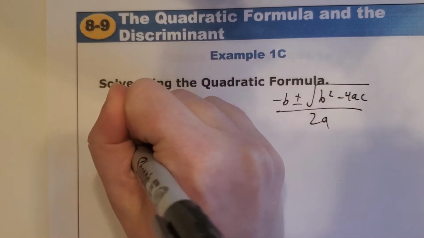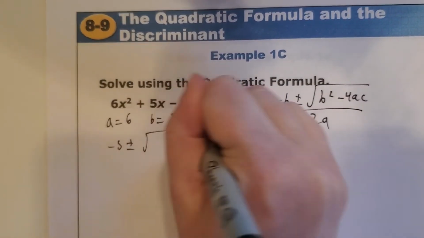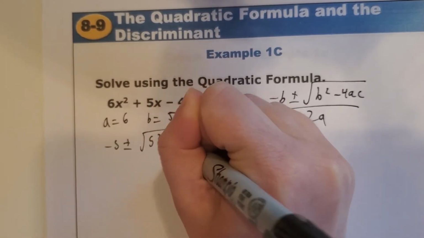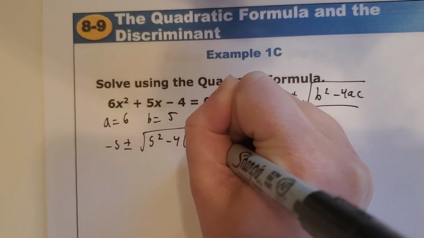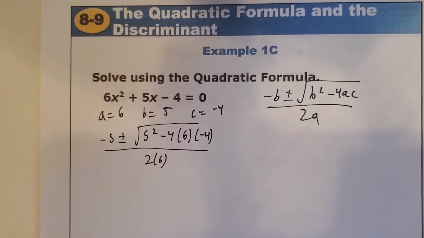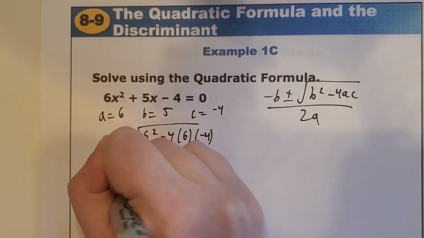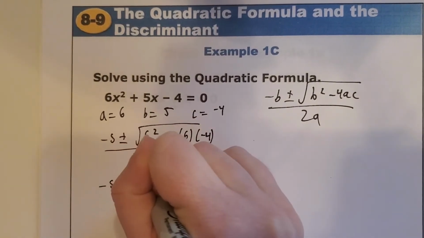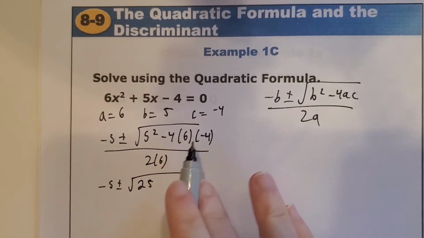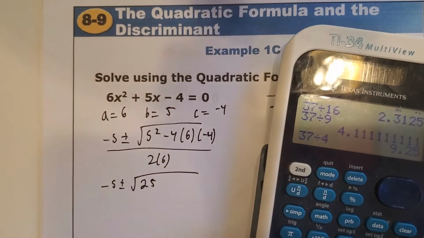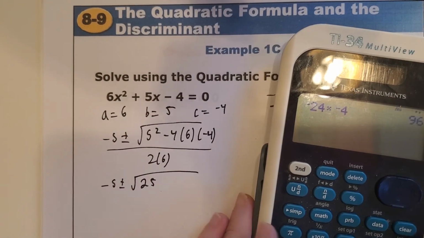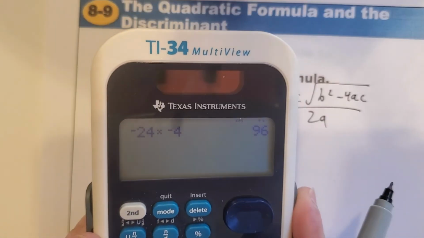So negative 5 plus or minus the square root of 5 squared minus 4 times 6 times negative 4, all over 2 times 6. Negative 5 plus or minus the square root of 25. Negative 4 times 6 is negative 24 times negative 4 is 96. There we go.